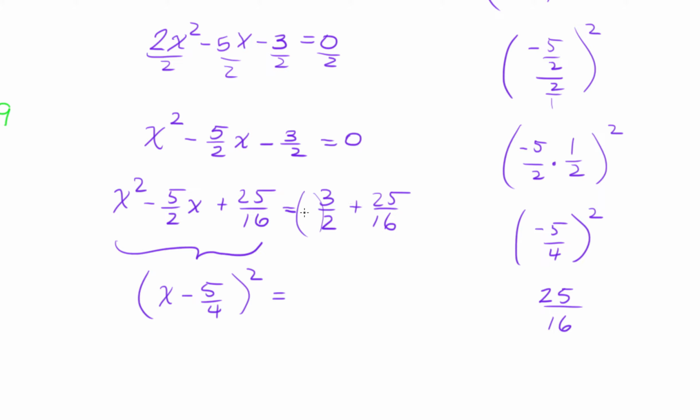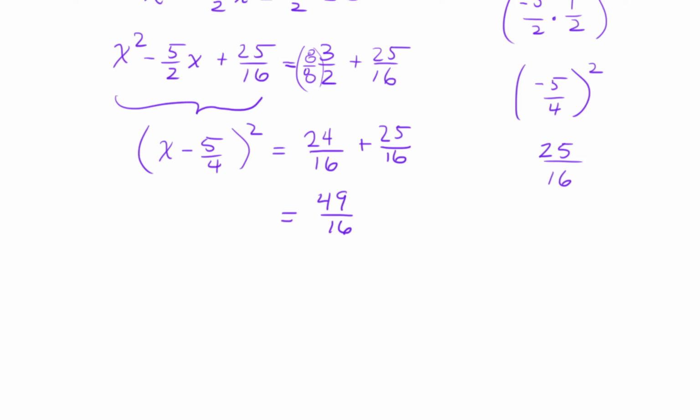We can do that in this step here. 8 times 3, 24 over 16 plus 25 over 16. Now 24 plus 25 is 49 over 16. And this stays the same.